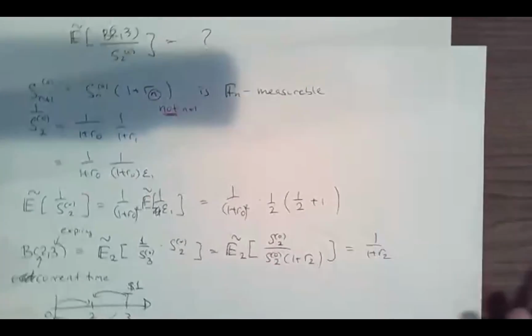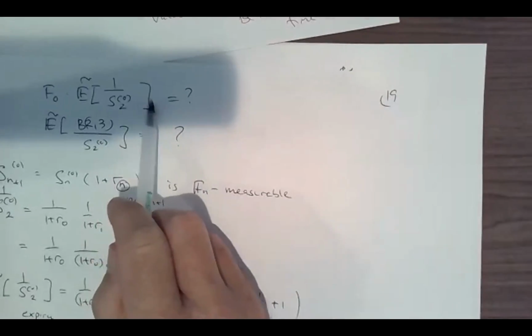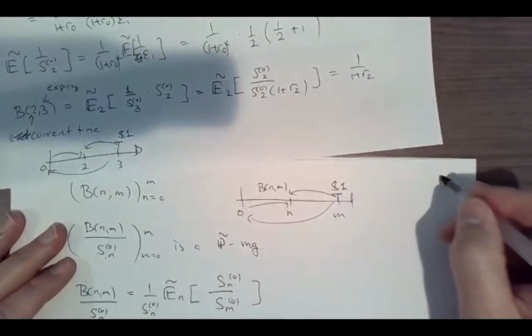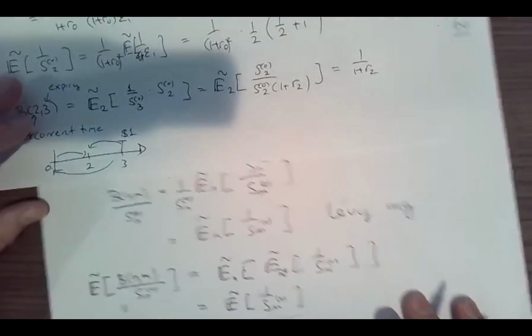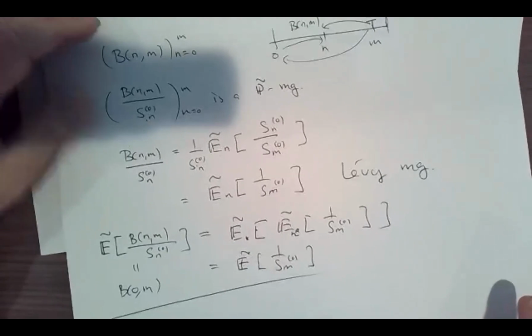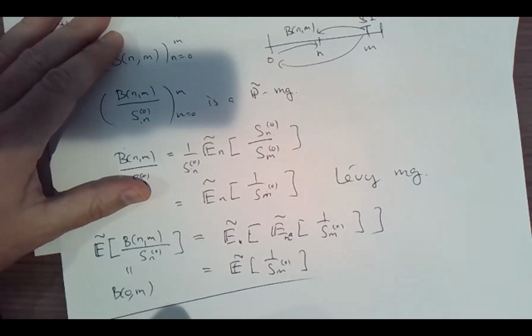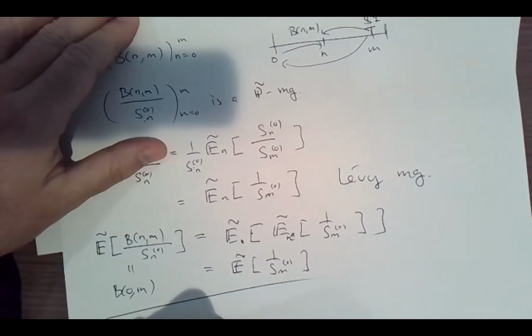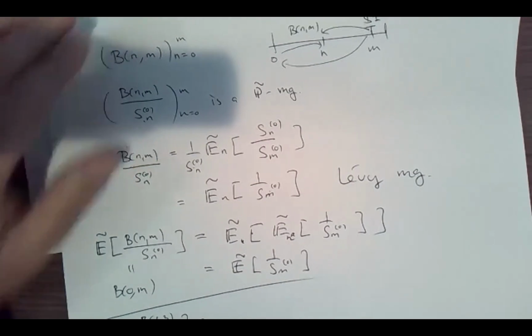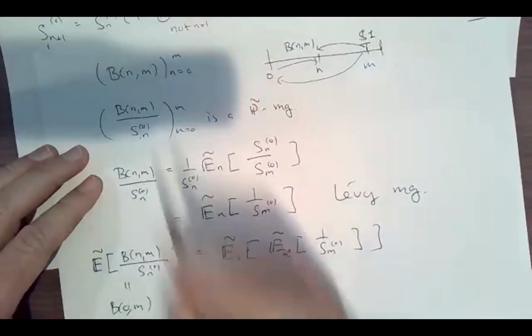Let me work out what this leg here is. So now we have an expression for the first part. Let me work out an expression for the second part. For the second part, what would it be? E tilde of B23 divided by S20. We already figured out what the first one was.